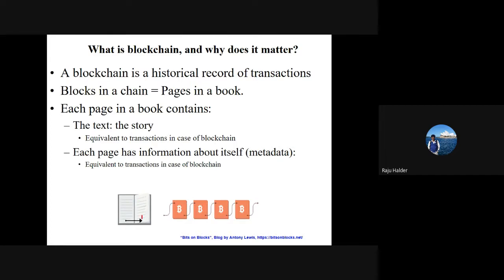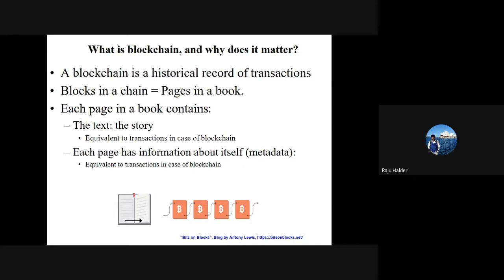For example, you can still get a passbook issued by SBI bank, right? If you go there, all the transactions will be printed in this passbook, so you can consider it a physical form of ledger. Every page will be equivalent to a block, because in every page you have all the transactions written. So in every block you have all the transactions written.